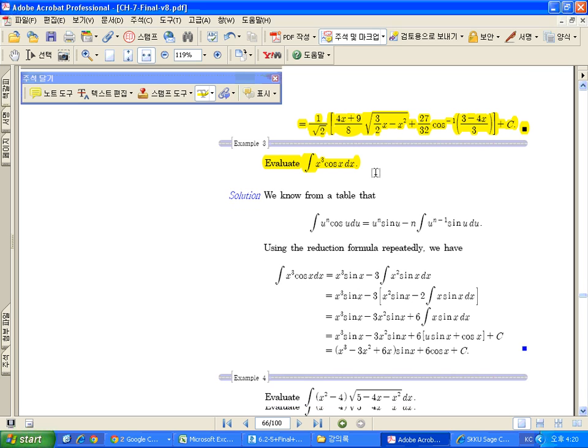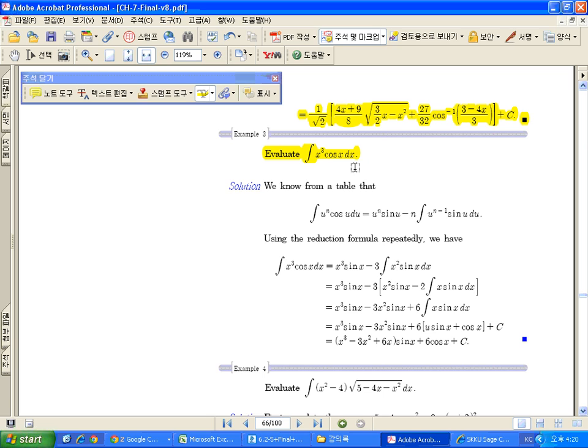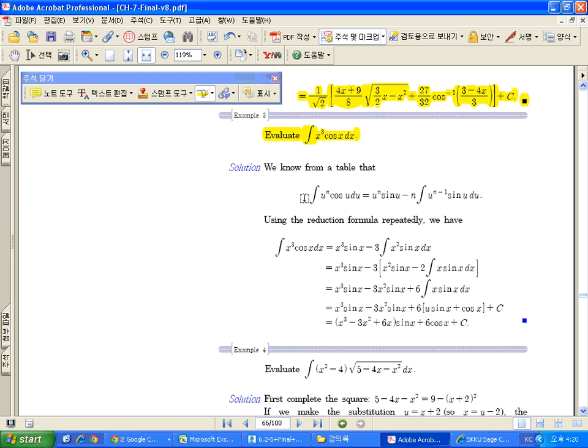For the third case, the integral of x cubed cosine x dx, we have seen this formula in the table. This is a special case of this formula, so we can just use it to write this.